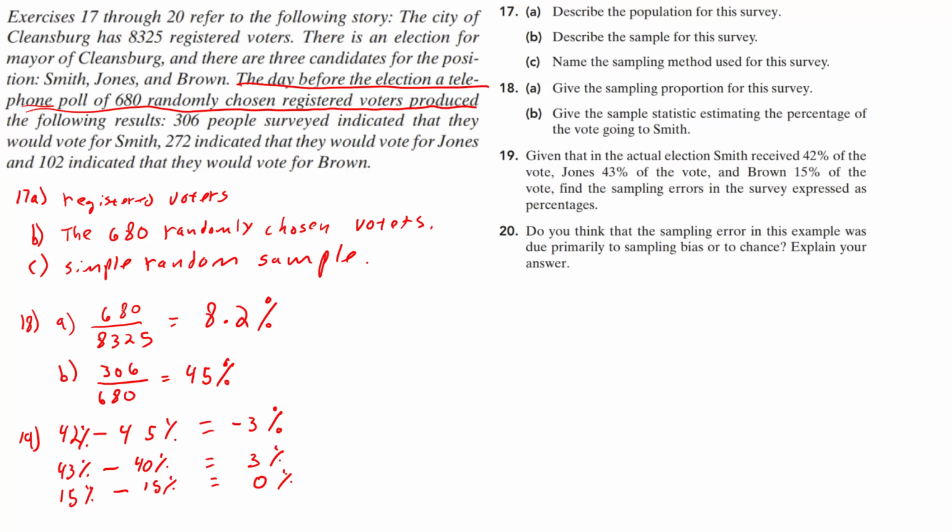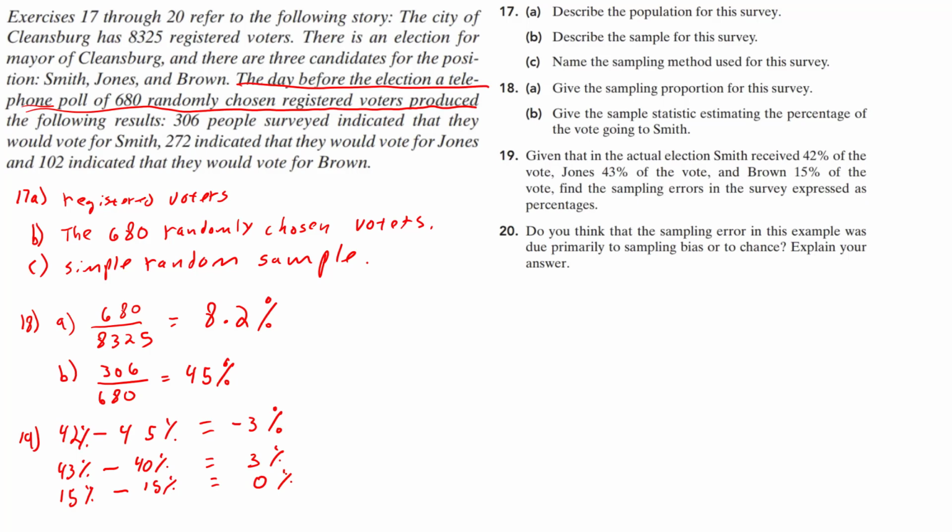Do you think the sampling error in this example was due primarily to sampling bias or chance? Explain your answer. And so there's some room for error here because we're only going to call people who had a phone.